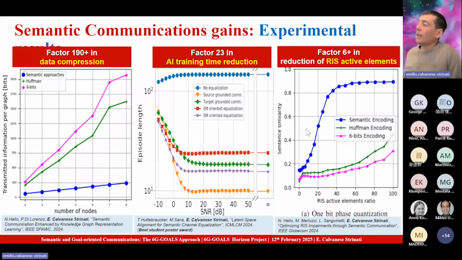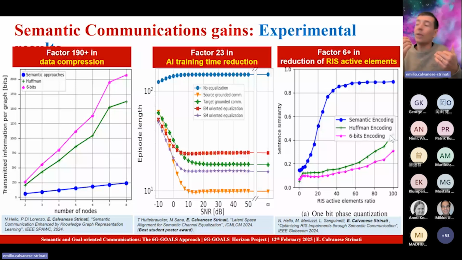We see that to achieve the performance target of around 90% in this kind of inference process, we need not more than 40-something percent of the surface, the RIS, while in the same scenario, even using the full RIS surface with the classical approach, we still do not reach the final target performance of the system.